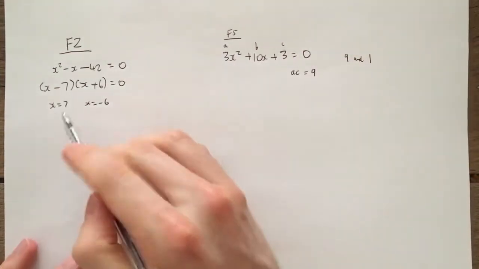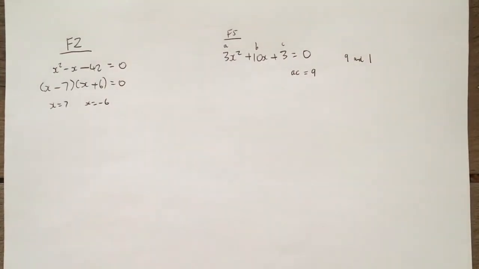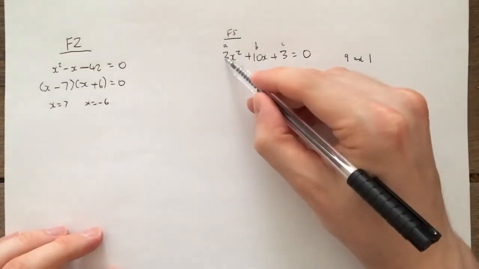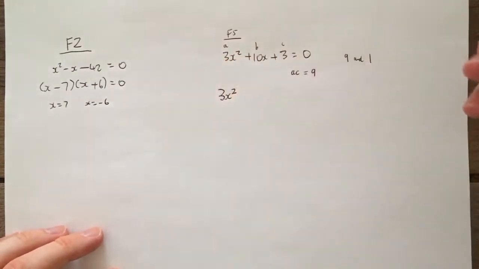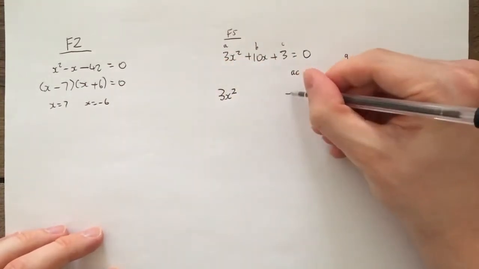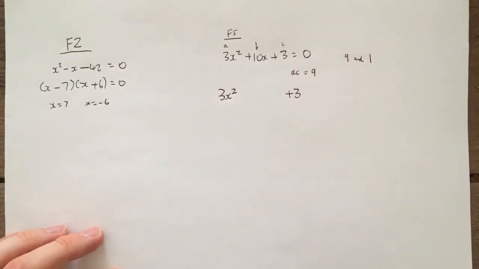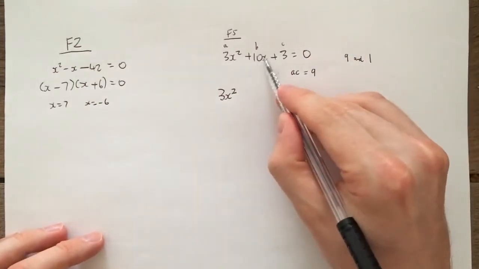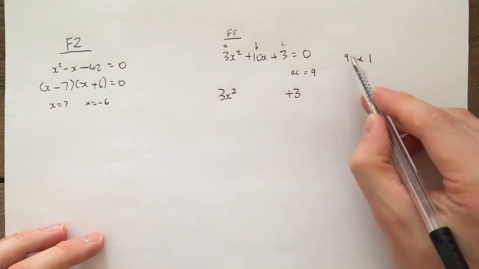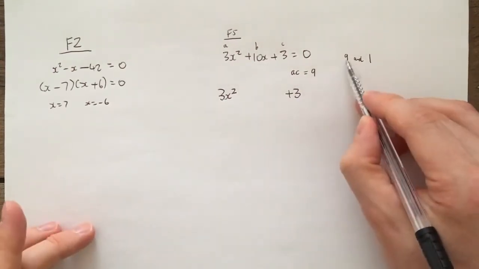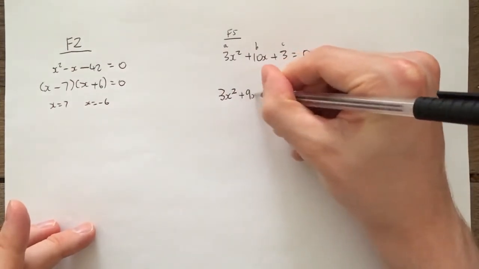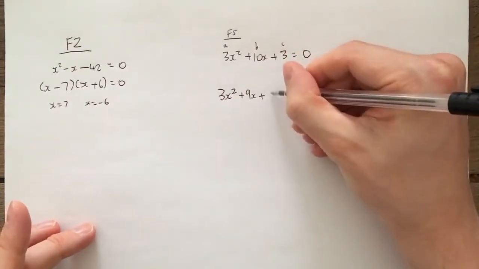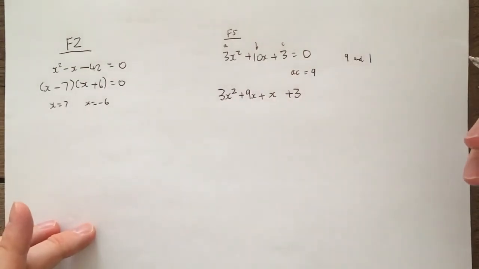Now, unlike here, where we just simply put it in the brackets and we're done, that's not the case for this. What I'm going to do, the 3x squared, I'm not going to change. The plus 3 at the end, I'm not going to change. The only thing I'm going to change is B. Because I know my answers for my previous question were 9 and 1, that 10x is going to become plus 9x plus technically 1x, or x.